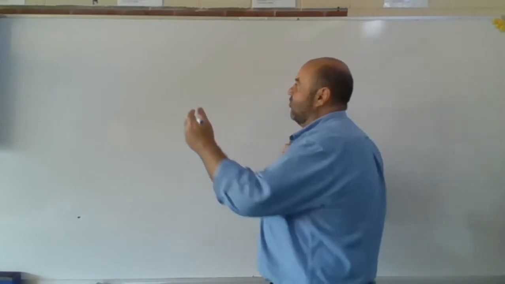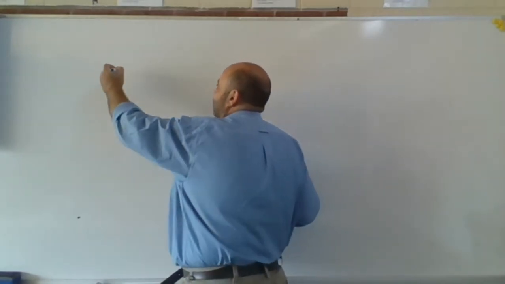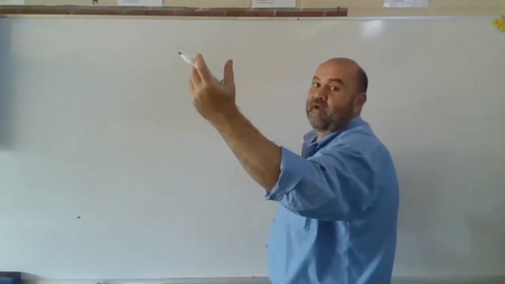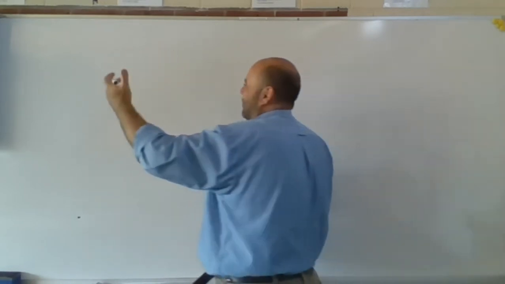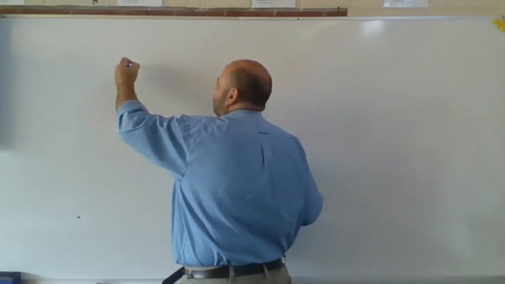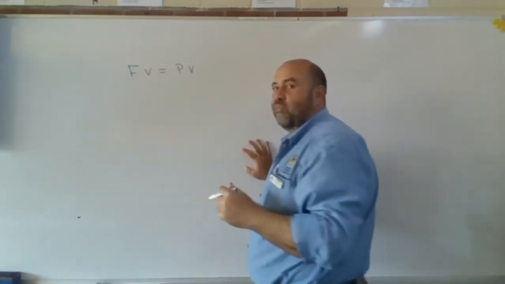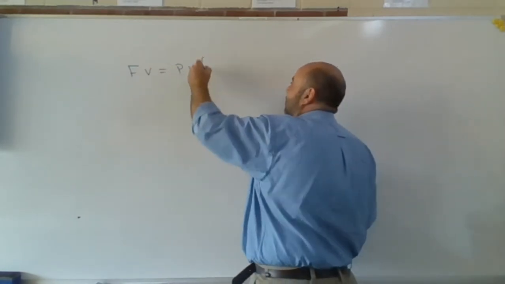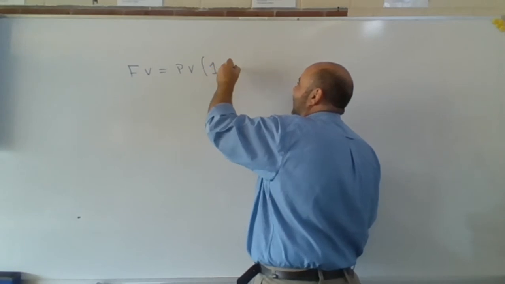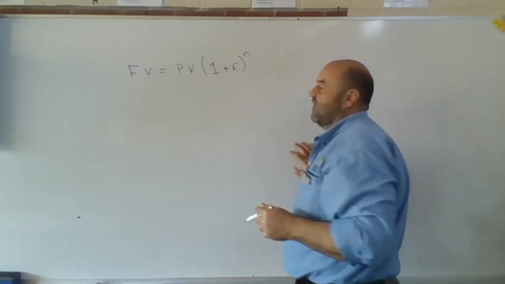So we saw the formula for compound interest just before we left each other, and that was that the future value of an investment was equal to the present value times 1 plus r to the power of n.